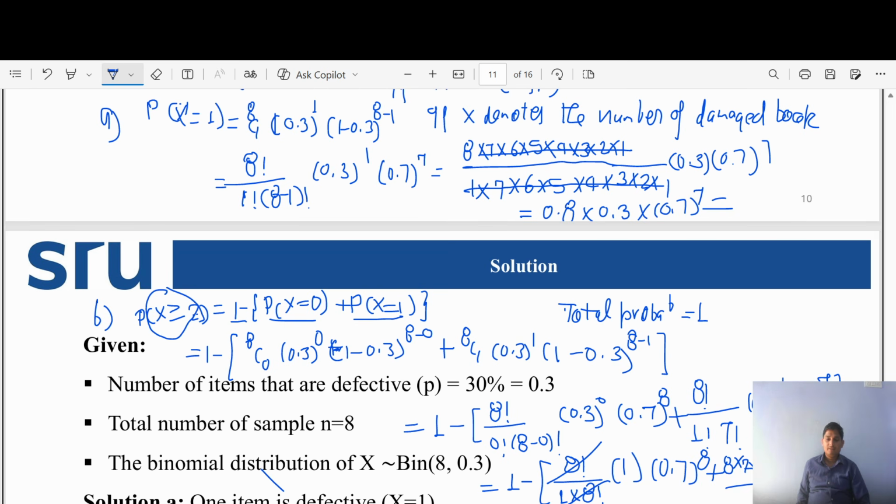So if we write it in final form, 1 minus 0.7 to the power 8 plus 8 times 0.3 to the power 1 times 0.7 to the power 7. So if we solve this, then we are done for this option. So this is the mechanism.